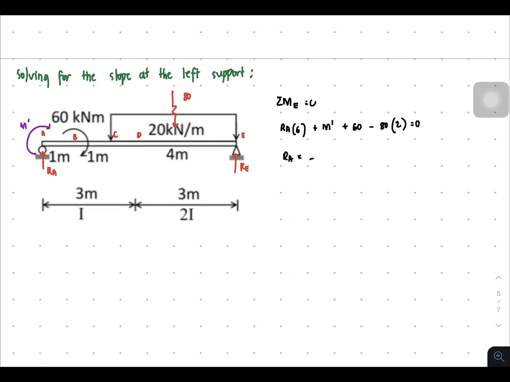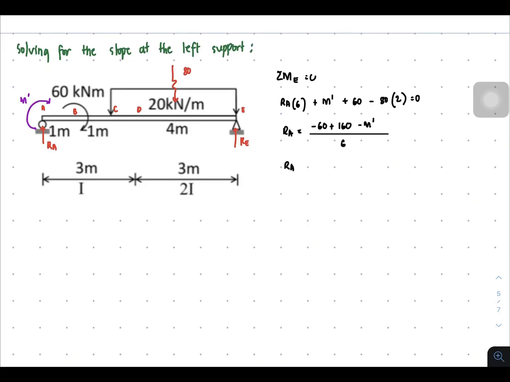So RA is now equal to negative 60 plus 160 minus M prime over 6. And RA now is equal to 100 over 6 minus M prime over 6, or this is 50 over 3 minus M prime over 6.